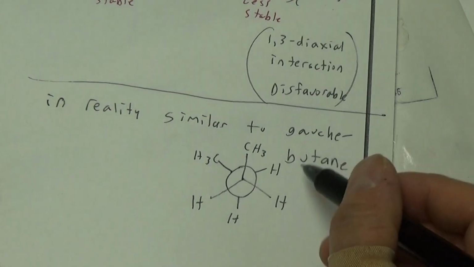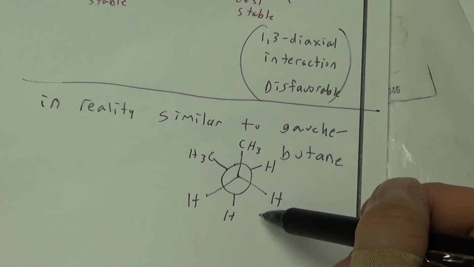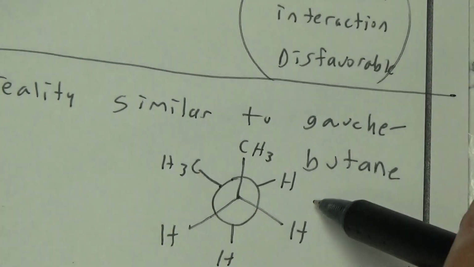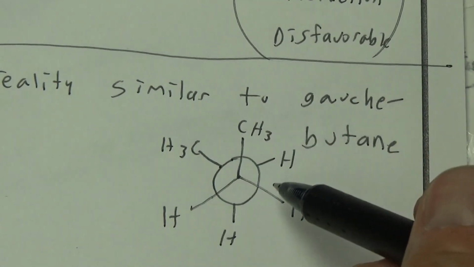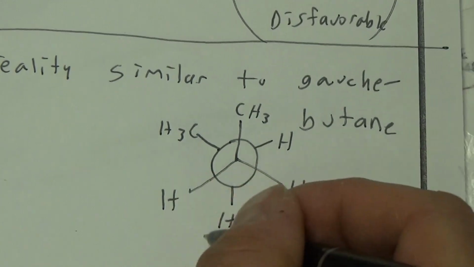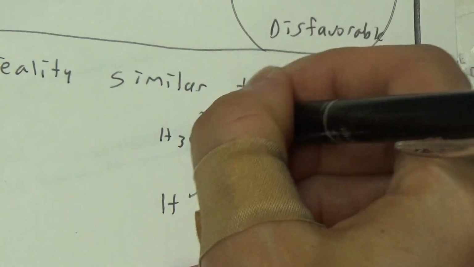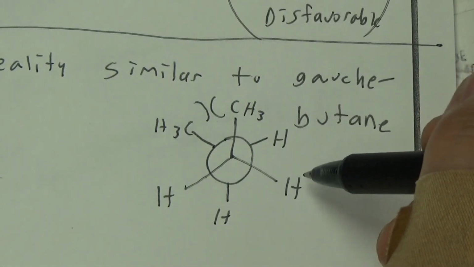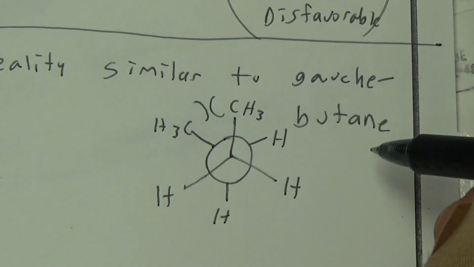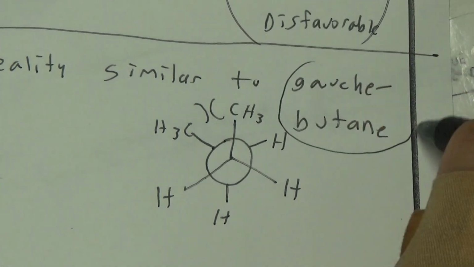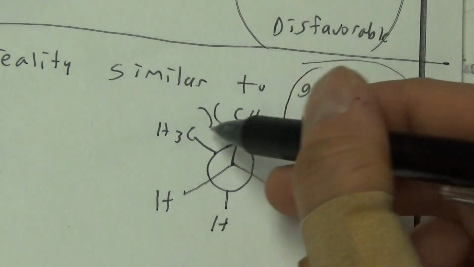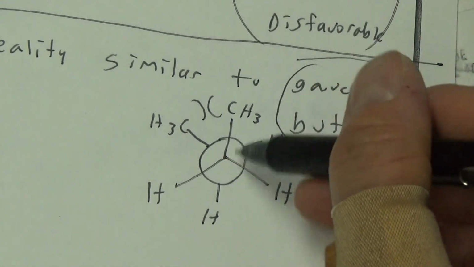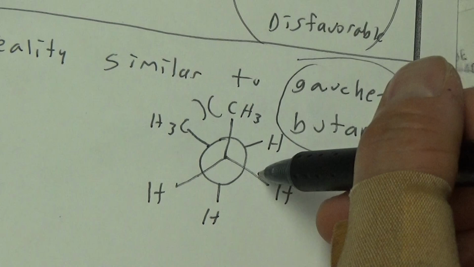Eclipsed would be if you had everything lined up. But this is a staggered conformation of butane, and it's gauche, because those two things are bumping into each other. What was the good, happy conformation of butane? It was called anti-butane. Anti-butane had the CH3s away from each other. That was the happiest conformation of butane. But anyway, this gauche one is a little bit of an energy barrier.